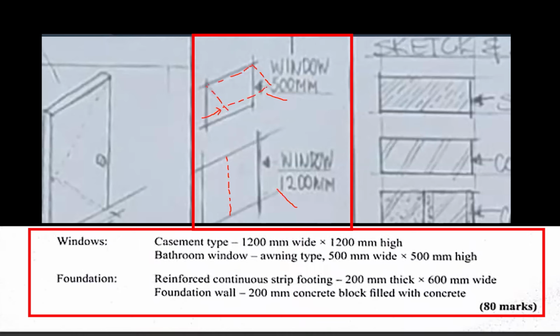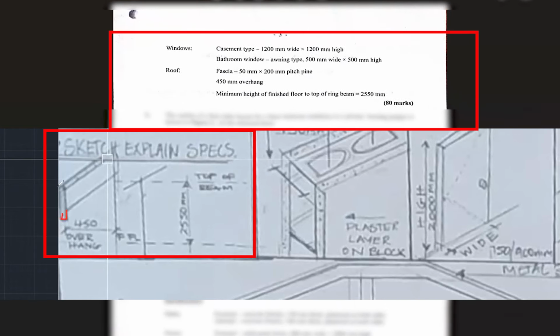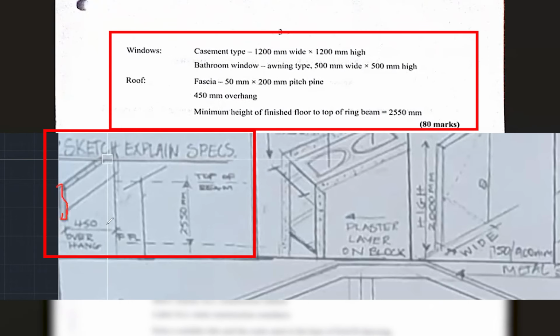So that's a square window. Bathroom window, awning type, 500 mil wide by 500 mil high. That's also a square window. Roof, fascia, 50 mil by 200 mil, pitch pine, 450 millimeter overhang.